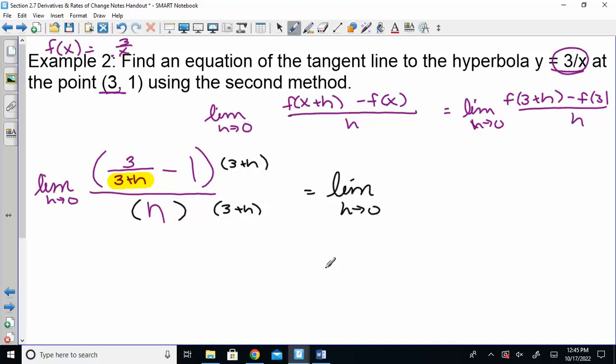That's a trick that we use a lot in trig too. So if I have 3 divided by 3 plus h times 3 plus h, that just turns into a 3, minus 1 times 3 plus h, and that's 3 plus h. And on the bottom, I'm hoping things cancel, so I'm just going to leave it as h times 3 plus h.